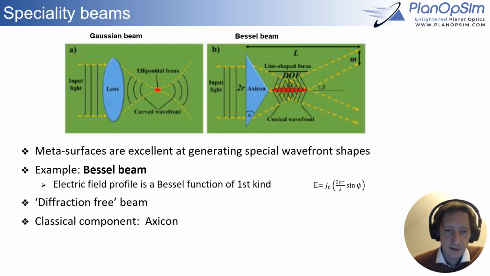If we look at a Gaussian beam, it's well known that this has a tight beam waist, and after that the Gaussian beam opens up with a certain opening angle. The Bessel beam has a special electric field profile that is equal to a Bessel function of the first kind, so that if we look at it here, it has an overlapping region with an extended depth of focus.